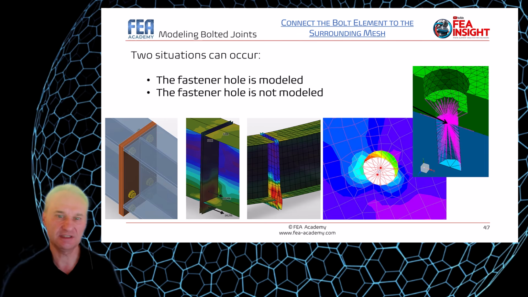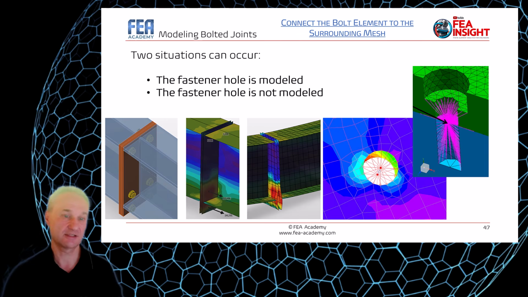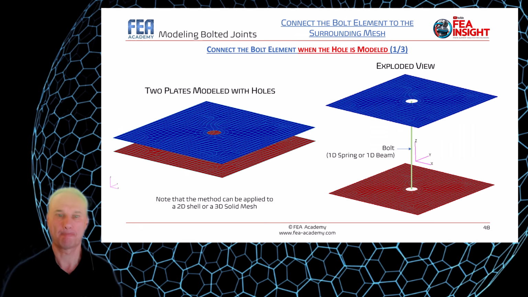The first one is when the fastener hole is modeled, and the second one is when the fastener hole is not modeled. It depends on the assumptions you made at the very beginning when you built your model. And it is not important if it's 1D or 3D, because it is the same approach.